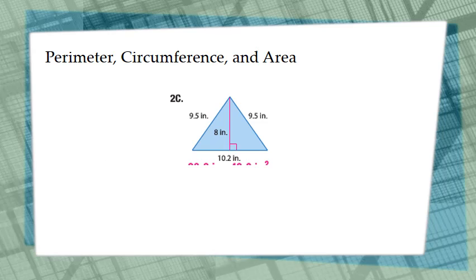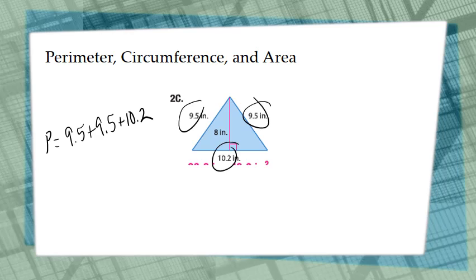So we're finding perimeter and area, and now we're looking at a triangle. And so let's start with the perimeter. Well, the perimeter is just the measure of the sides added together. So the perimeter of this triangle is going to equal 9.5 plus 9.5 plus 10.2.